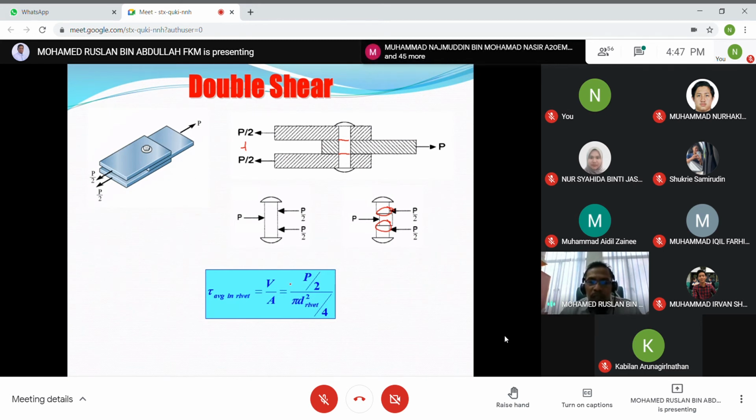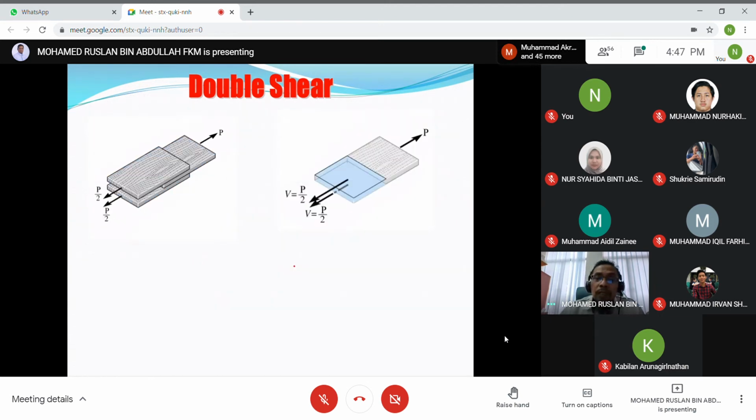In the problems, whether the system is single shear or double shear is based on the diagram, or the problem clearly states whether it is double shear or single shear.